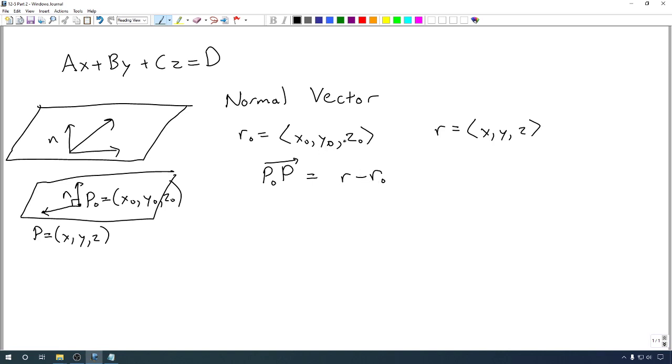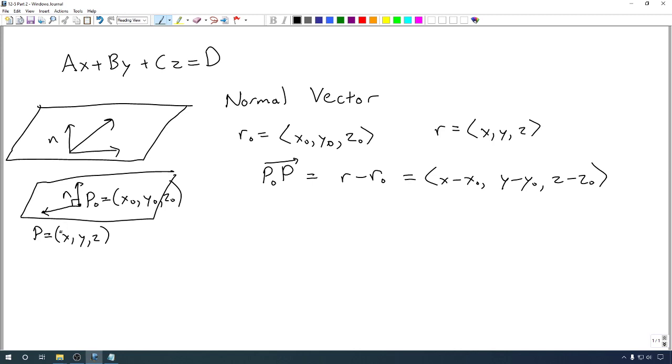You can even think about it in terms of how you find the vector between 2 points. We take the terminal point coordinates minus the initial point coordinates. So this is just the vector x minus x naught, y minus y naught, and z minus z naught. This vector is going to have to be perpendicular to n, to the normal vector n.